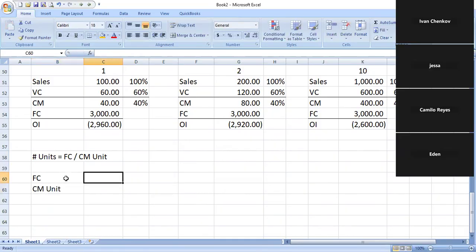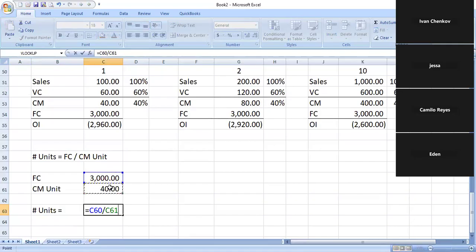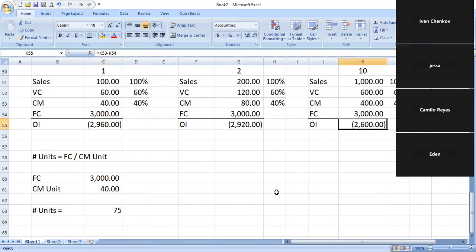How much is my fixed cost? Well, my fixed cost is 3,000. How much is my contribution margin per unit? $40. So how many units do I need to sell to get the break even? Well, that will be this one divided by 40. So I need to sell 75 units. If I sell 75 units, my operating income should be 0.